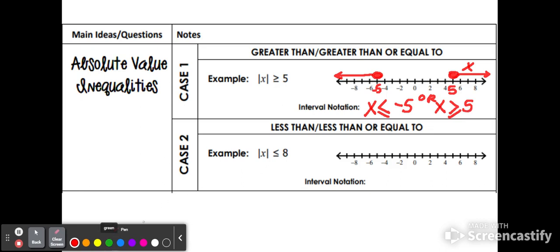Now let's look what might happen in this guy. What values are less than 8 steps away from 0? So here would be the furthest away they want. They want numbers that are less than, so that would be in this direction. What else would be less than 8 steps from 0? Well, these ones. So this one's also equals.